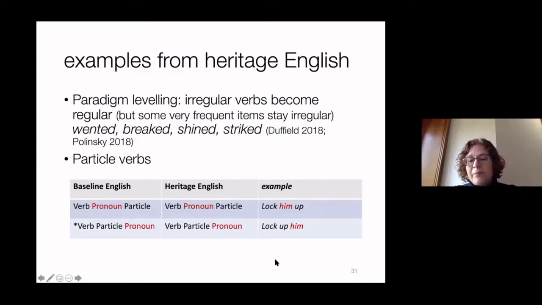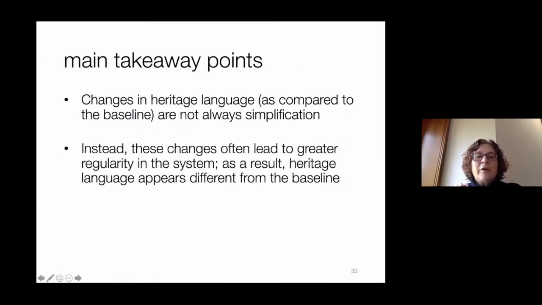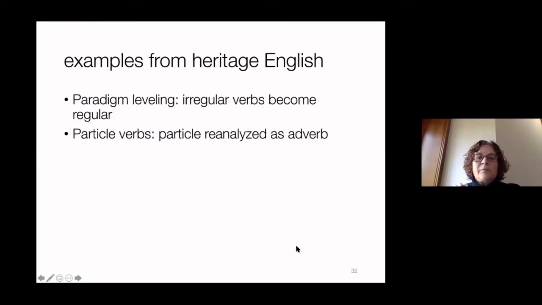That's because Heritage English loses clitic pronouns, and we see evidence from comprehension and production that Heritage English reanalyzes particles into adverbs. So what you have here is the leveling where irregular verbs become regular, and you also have reanalysis of particles as adverbs.